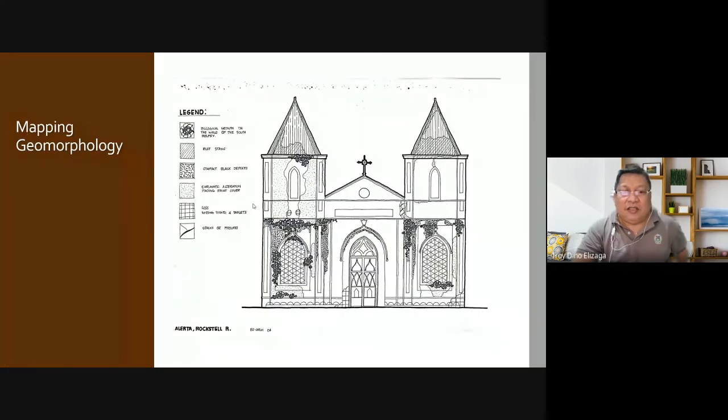This is a church, actually done by a fourth-year student, but I forgot what church this is. He made his own legend and then applied it here. So when you do your work, you know what to do in these portions only.